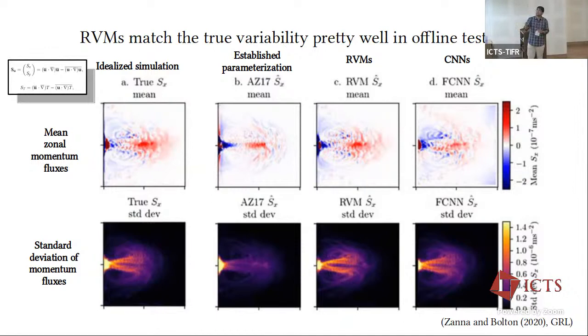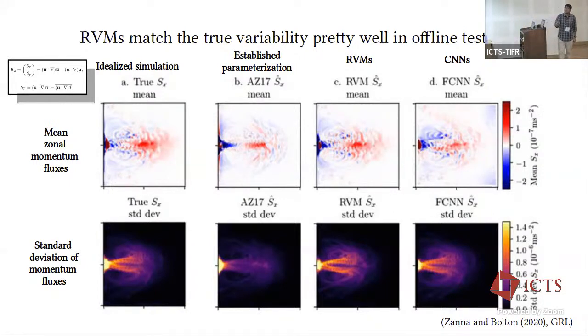And likewise, if you look at the leftmost boundary of the domain, you'll see that the AZ17 parameterization also does not do a very good job of getting the fluxes right in this region. But RVMs also do a poor job. Well, it looks different, right? The signs are off. It's positive here, it's negative here. So in this part of the domain, your FCNN, your CNN, sort of works better than your RVMs.